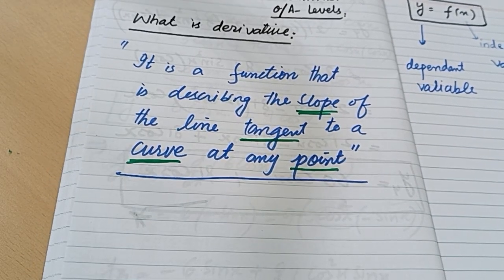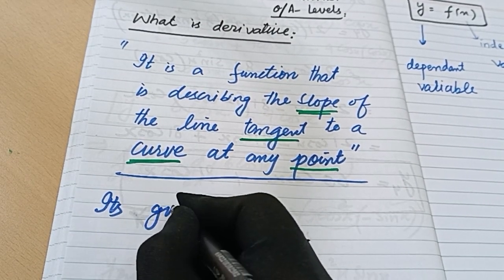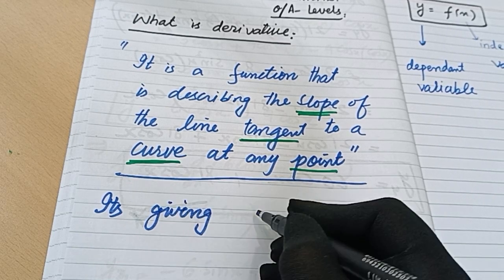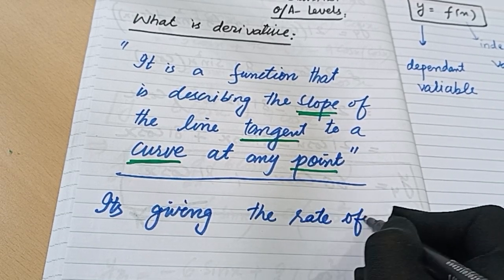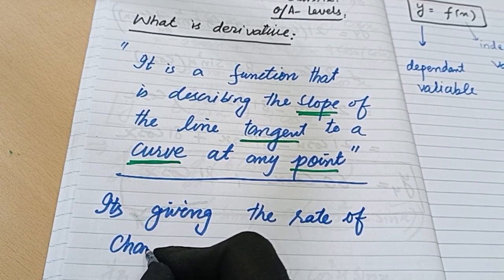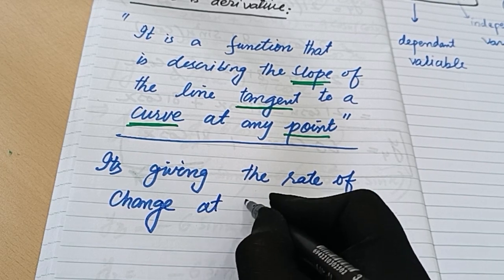Okay, and what is the purpose of the derivative? It's giving the rate of change at any instant.